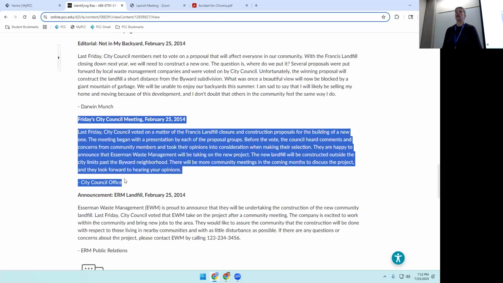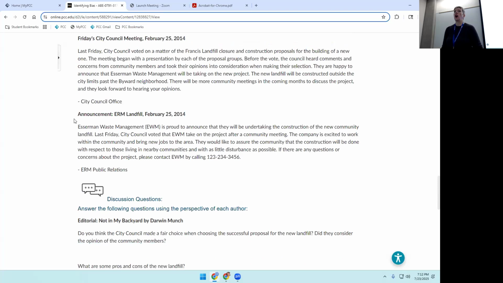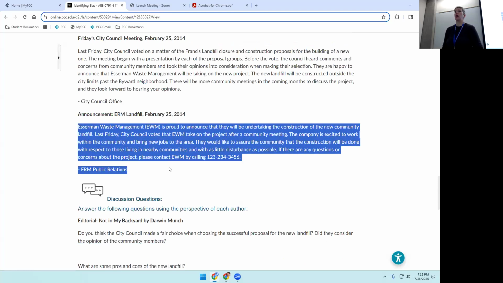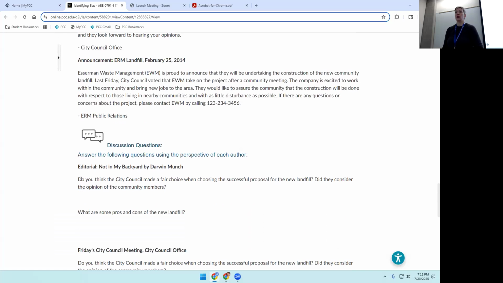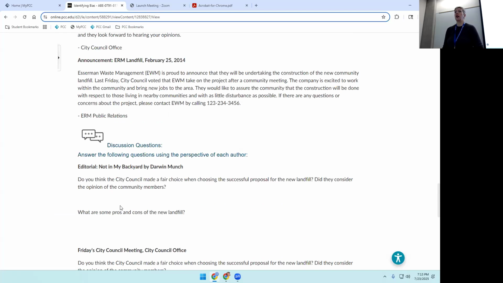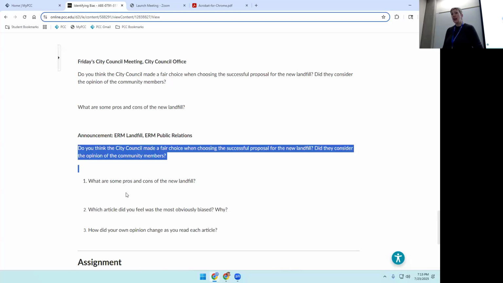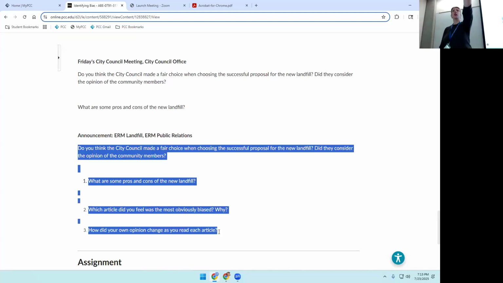Group 2 here is working on the City Council Office one, and Chris and Dan are going to talk about this third article, and you're going to answer these 2 questions that are on the ERM one.